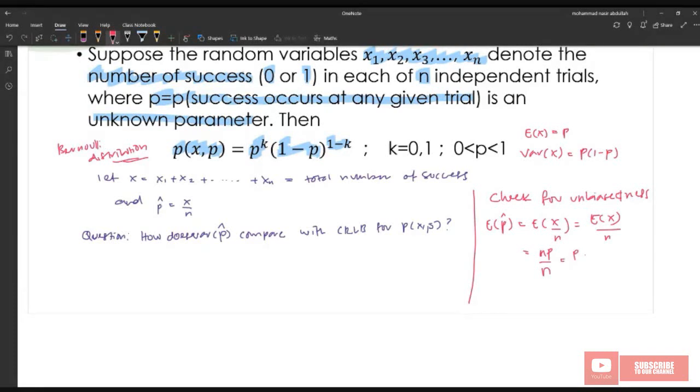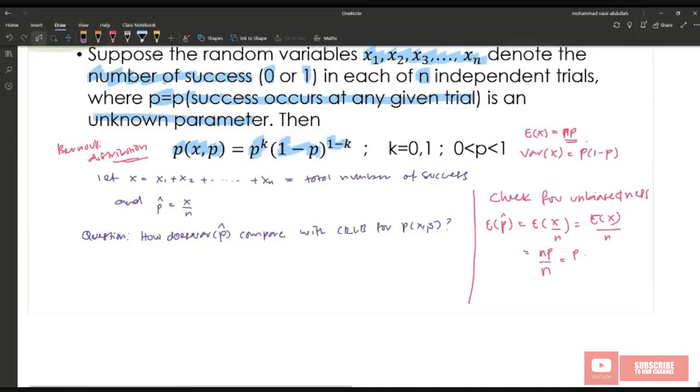And for the binomial distribution, the expected value of X is equal to np. So this one should be equal to p.